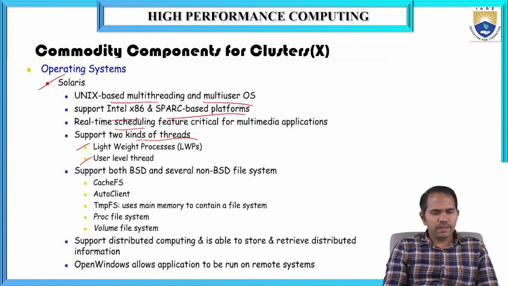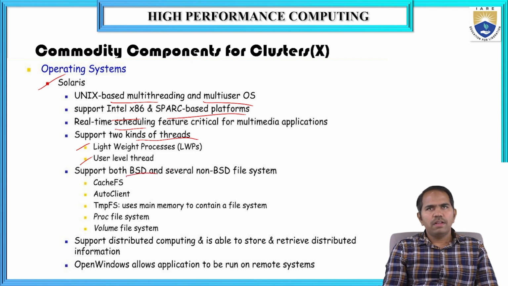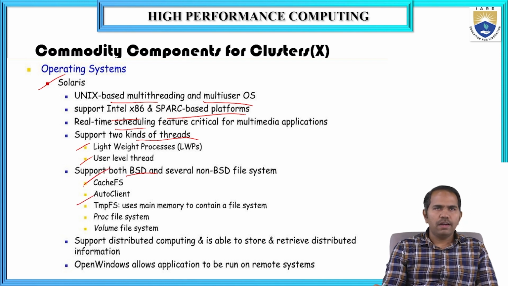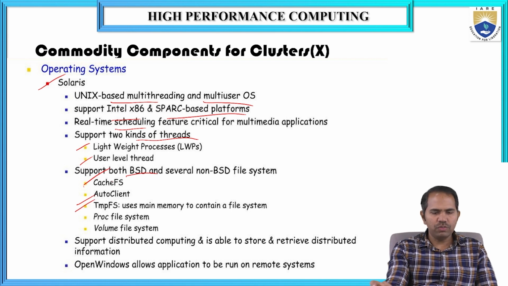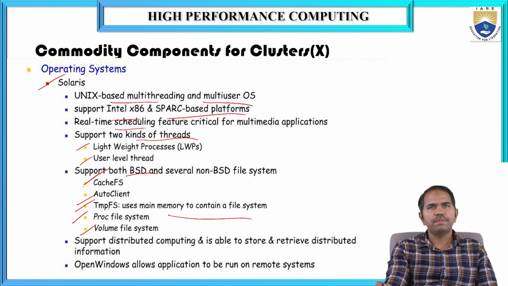And next, it supports both BSD and several non-BSD file systems. BSD means Berkeley Software Distribution. Non-BSD file systems include CacheFS, AutoClient, TMPFS, which uses main memory to contain the file system, proc file system, and volume file systems.